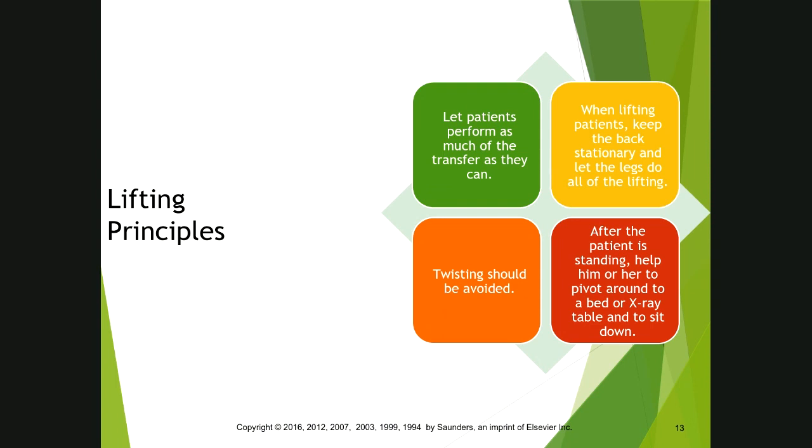Do not twist. When you're lifting a patient, keep your back stationary and let your legs do the lifting. And after the patient is standing, help them to pivot around to their bed or to the x-ray table and to sit down. Okay, so once they're standing, then let them kind of turn their feet slowly and pivot around and then sit.